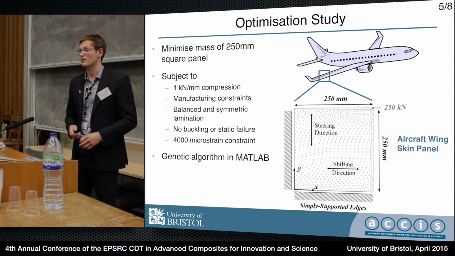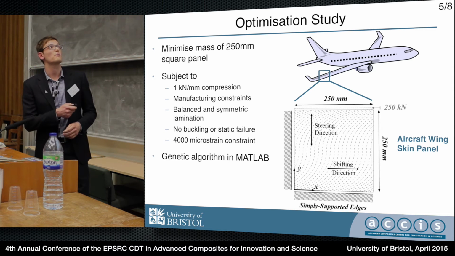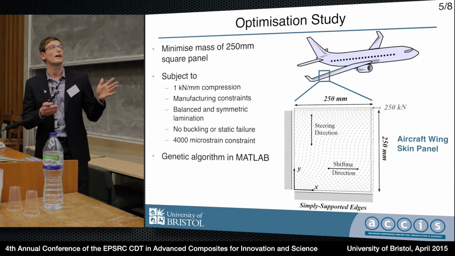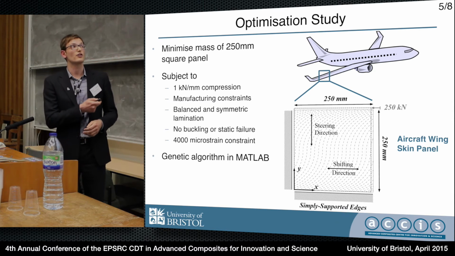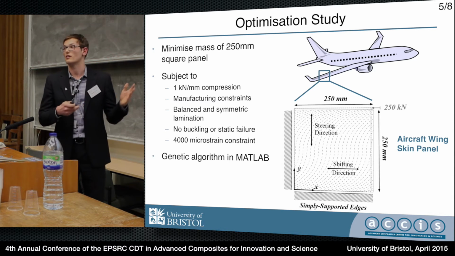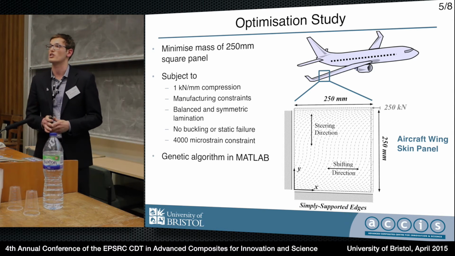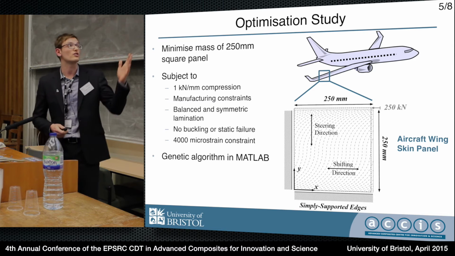So I've looked at a simple optimization study of an aircraft wing skin panel, basically a panel in between ribs and stiffeners under uniform end compression of 250 kilonewtons. The panel is square, 250 millimeters in dimensions, which means that the load is about 1 kilonewton per millimeter, which is a classic load case for such a wing panel.